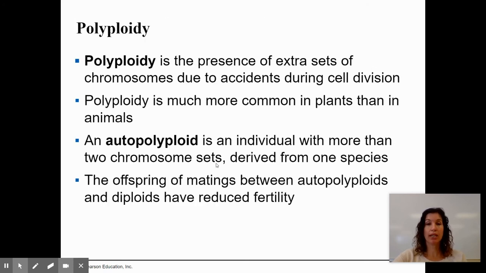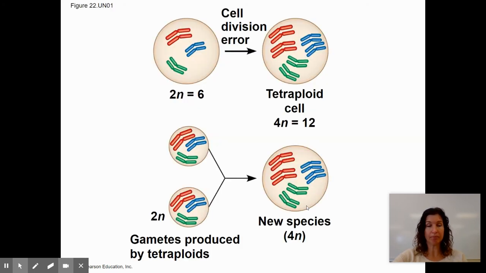So polyploidy is the presence of extra sets of chromosomes due to accidents during cell division. It's way more common in plants. An autopolyploid is an individual with more than 2 chromosome sets that's derived from one species. And then the offspring of matings between autopolyploids and diploids have reduced fertility.